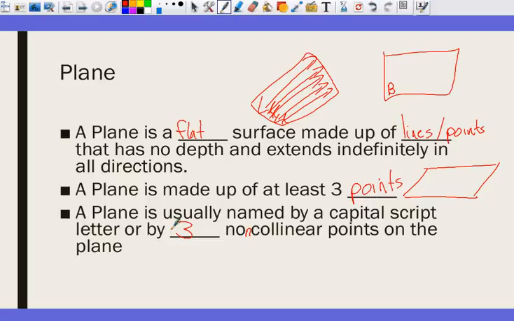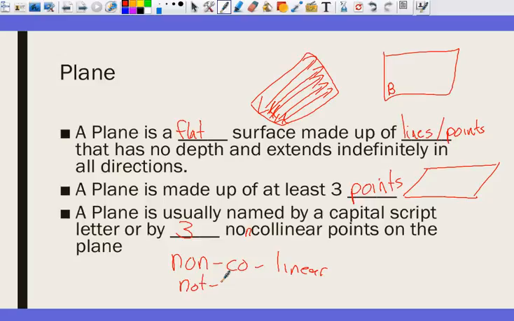Okay. I want to break down, what's the one word in here that you guys don't recognize? Non-collinear. Let's break this word down. Non-col, I'm going to drop an I, or an L. There you go. Okay. What does non mean? Not.